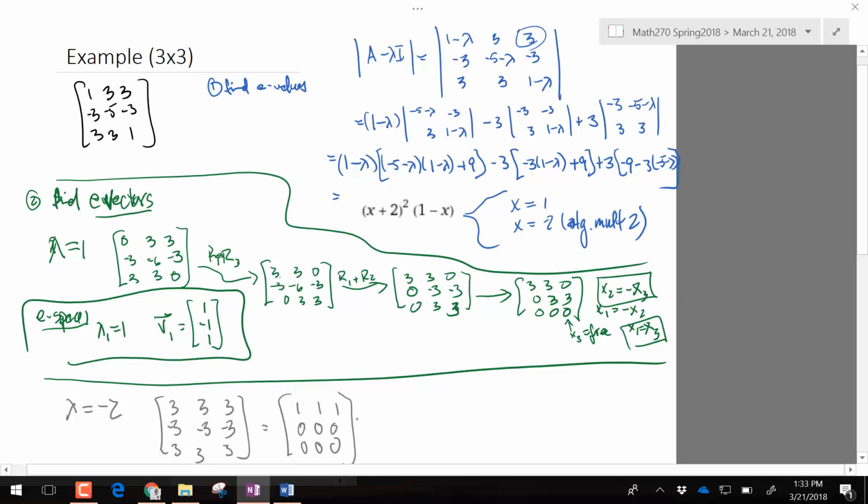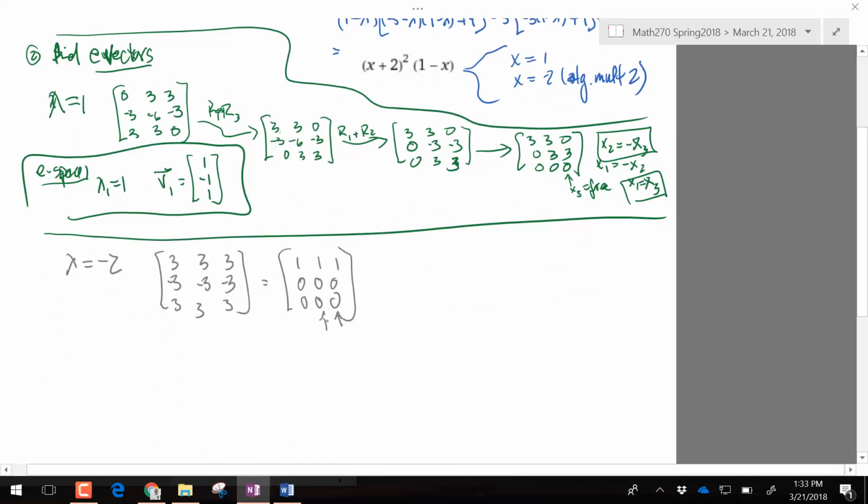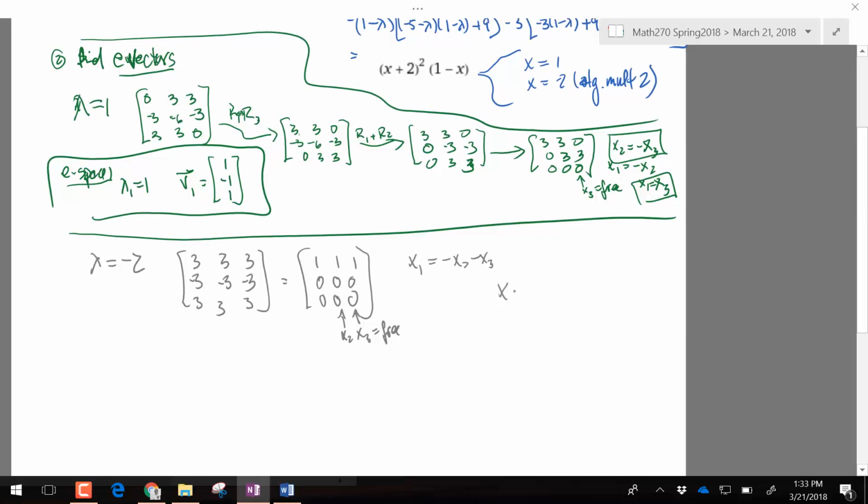What does that mean? That means you have 2 free variables, which is what we were looking for. X2, X3 are both free, and then our X1 is going to be minus X2 minus X3. So how are we going to write that? I think we're going to write it like our X is equal to, well, let me write it carefully here.